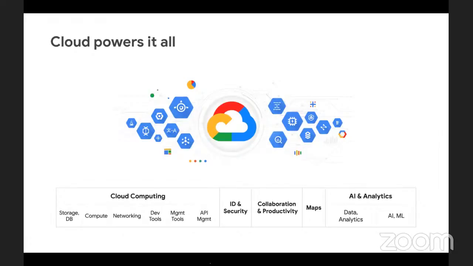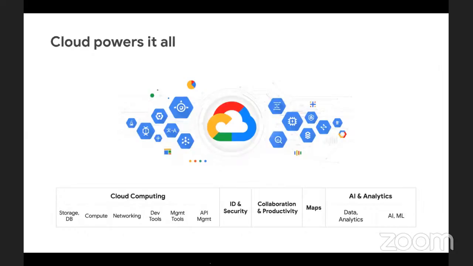And storage, database products, development tools, management tools, API lifecycle management products, they are all the core parts of a cloud platform. Google is a little bit unique because it has its own cloud native collaboration and productivity suite, which you might know as G Suite. And there's Google Maps, which is also built on the cloud platform.